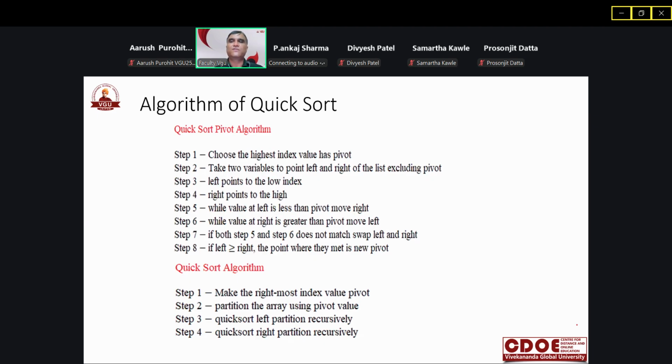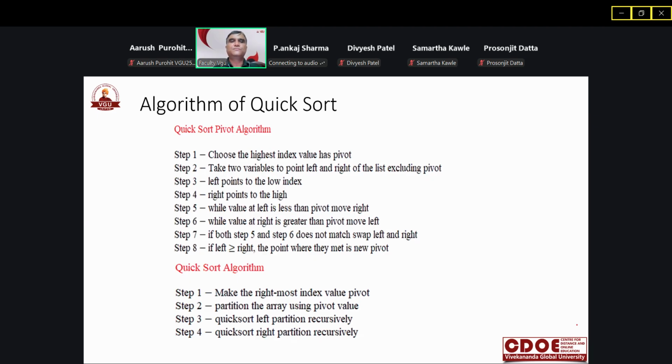In this first part, the first step is to choose a pivot element. If we have an array, we can choose the pivot randomly, sometimes the highest index, sometimes the lowest index. But normally we choose the first element of the array as the pivot.